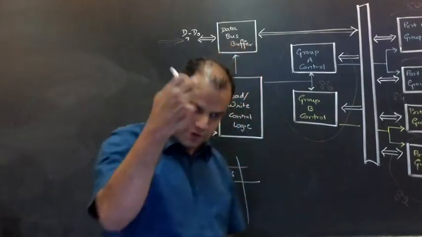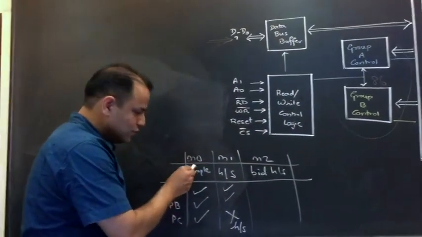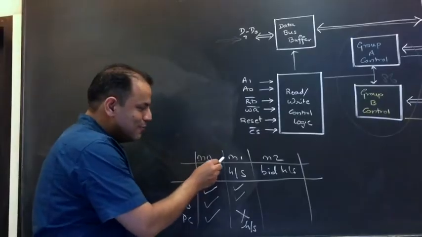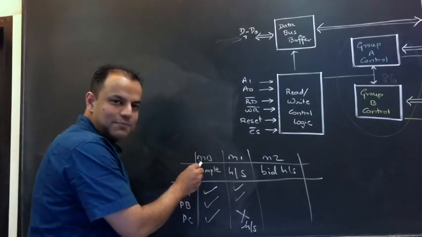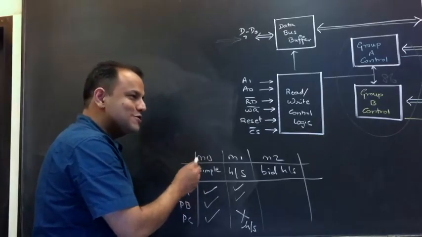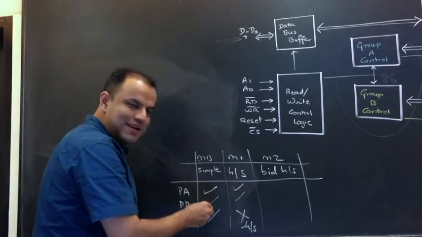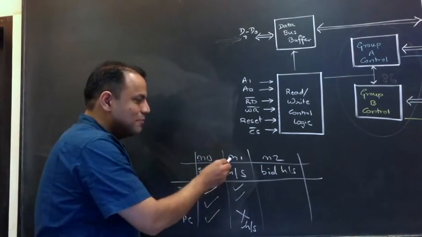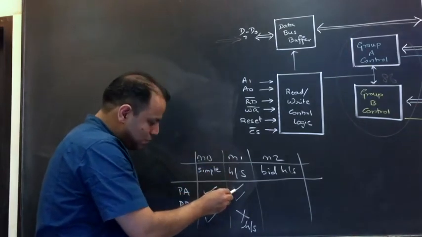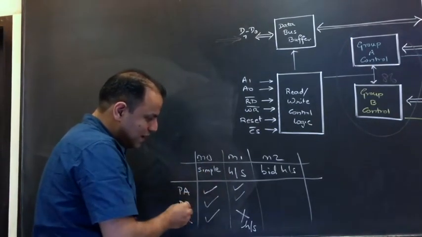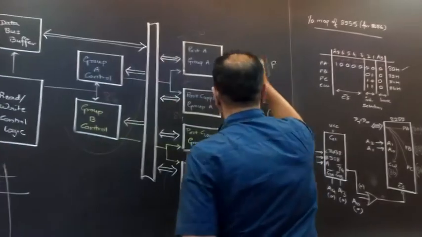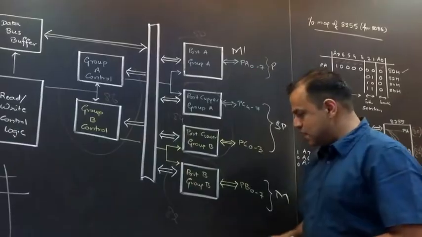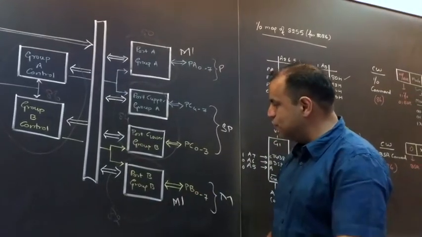I repeat, look here. Mode 0 is called simple IO, mode 1 is called handshake IO. So it is very obvious that in mode 0 there is no handshaking. Since there is no handshaking, all three ports can transfer data. But in mode 1, when port A or port B works in mode 1, look here, port A is in mode 1, port B also is in mode 1.